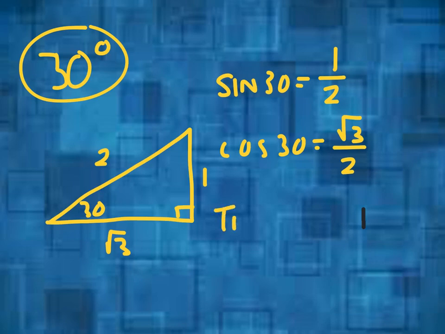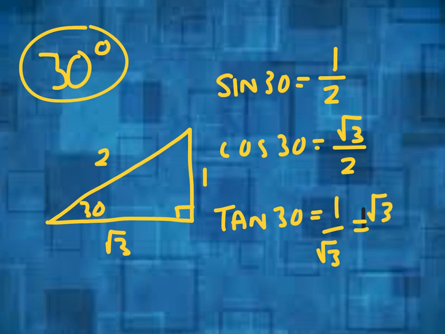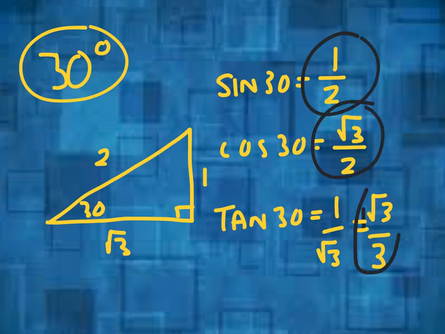And tangent would be 1 over root 3. And ultimately, again, this one gets rationalized, and when you rationalize this, it just becomes root 3 over 3. So these values here will become important to us. These are known as exact values for sine, cosine, and tangent at a reference angle of 30.